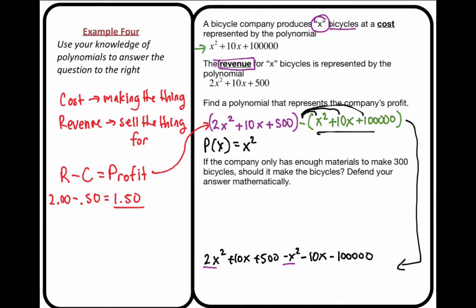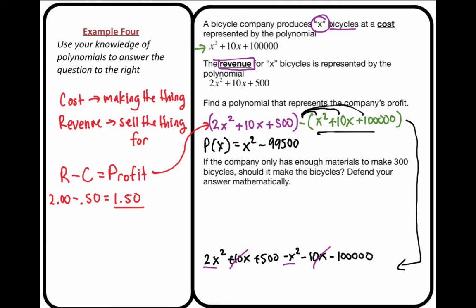And then it appears that these are just going to cancel out, right? And now I got a positive 500 minus 100,000. Yikes. And so that is going to give me a minus, and it looks like that is going to be 99,500. Okay.